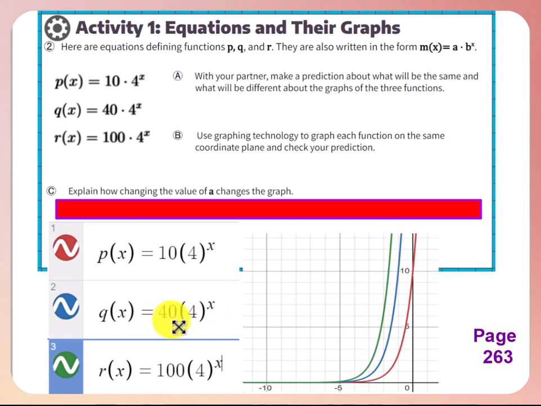Then Q is going to be the blue line, so that's going to start up higher at 40. And then of course the green one's going to start up at 100. It's going to increase from there. So maybe I'm not looking at the right quadrant. Take a look at what yours looks like in Desmos. Did your prediction match what actually happened?